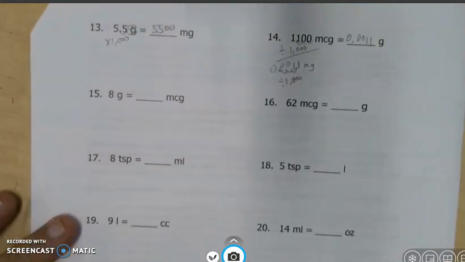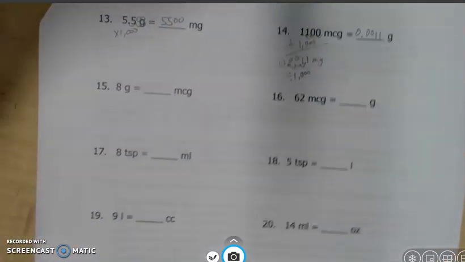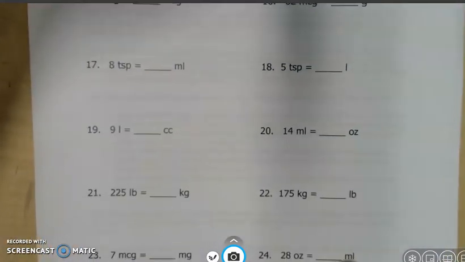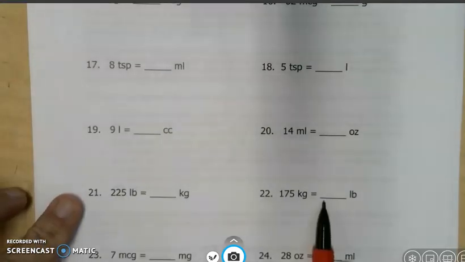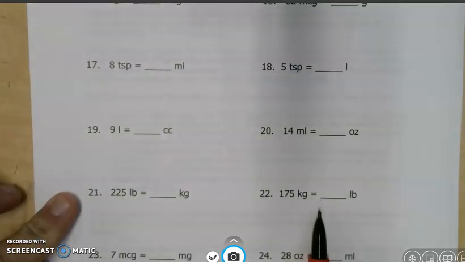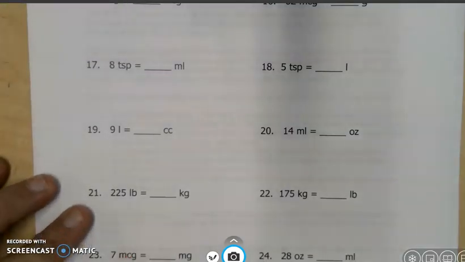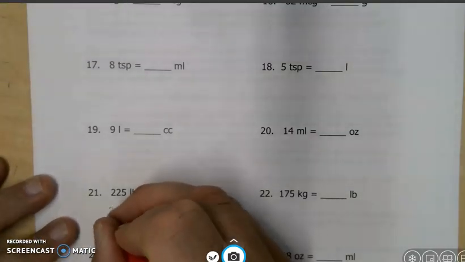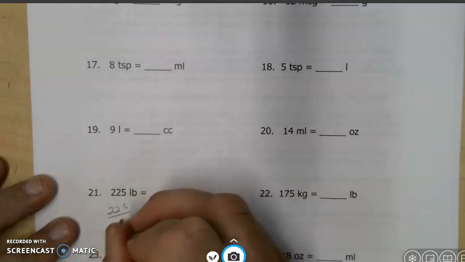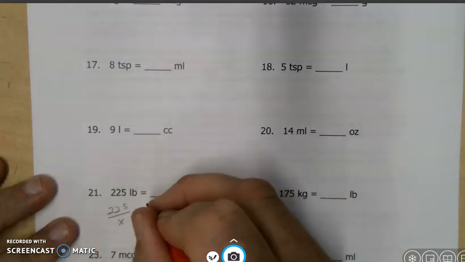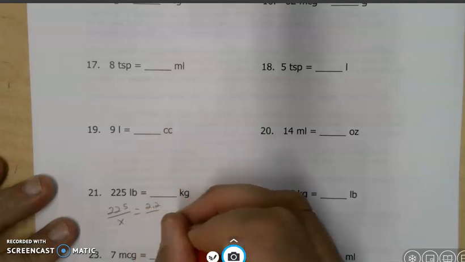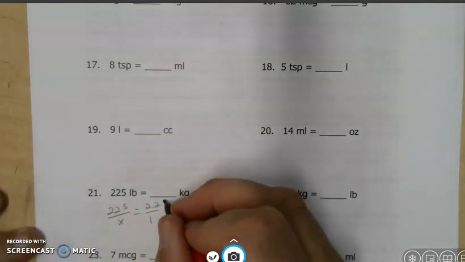I'm going to skip down because I'm about to lose my recording. I got about a minute left. We haven't done the weight ones yet. So the weight is a 2.2 conversion if you look on the other page. So if I have 225 pounds in X kilograms, there are about 2.2 pounds in every 1 kilogram.